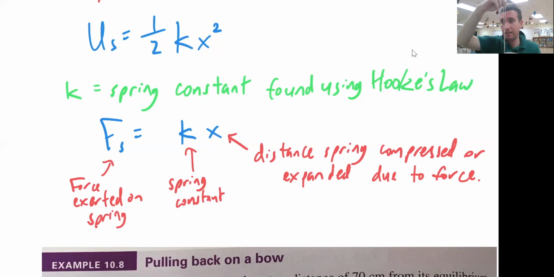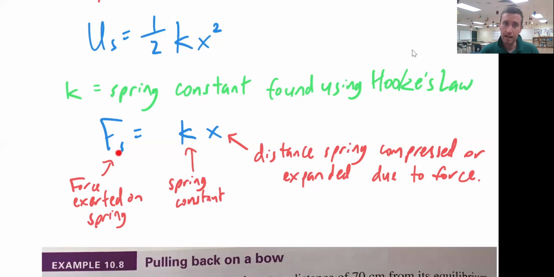Say that's a change right here of 10 centimeters of stretching. Then my x becomes 10 centimeters. The force I exerted, let's say I hung a 500 gram mass on there. So that's a force of 4.9 newtons.